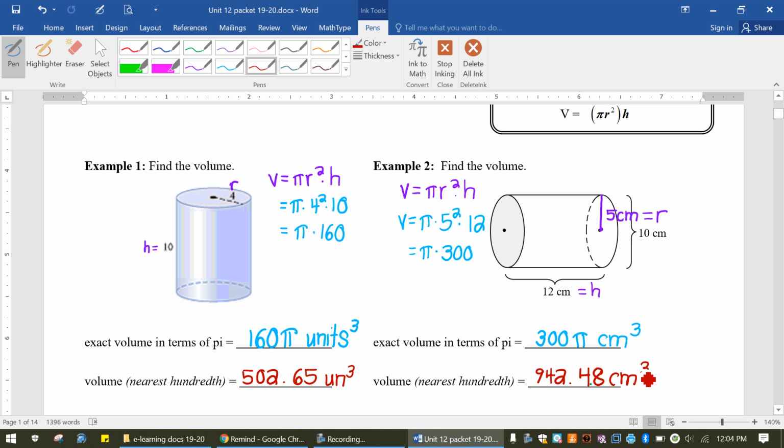Okay, both answers are acceptable, and on your homework I have you doing both. So you're practicing exact answers and you're practicing your rounded answers to the nearest hundredth, 2 decimal places.